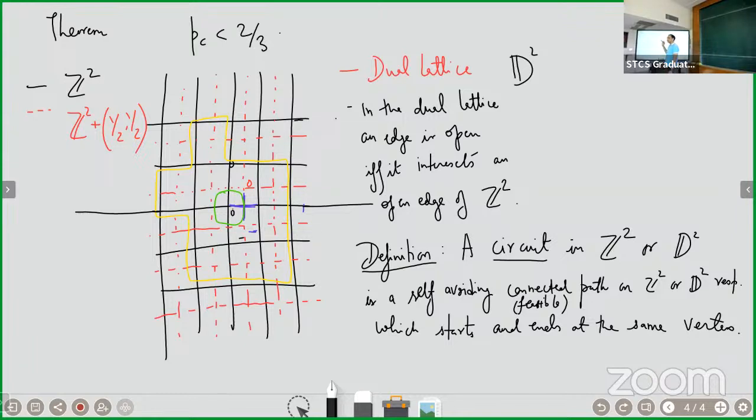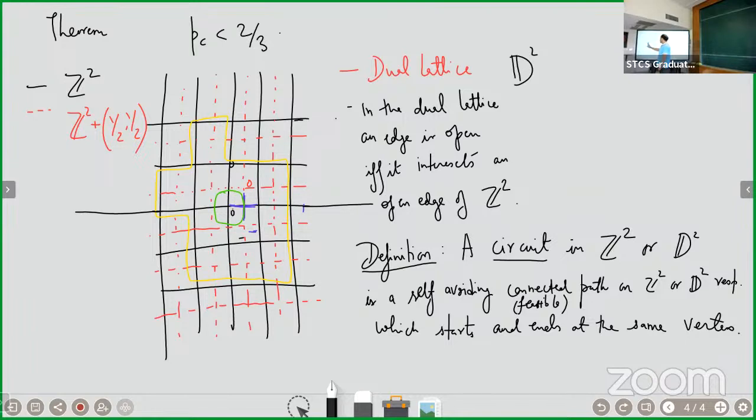And you already had how many possible self-avoiding paths of length n can exist. If you put them together, from where you start your circuit, there are 4 options of going anywhere, but thereafter there are exactly 3 of them, and the length is n.